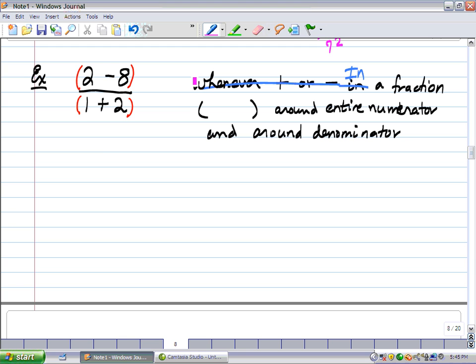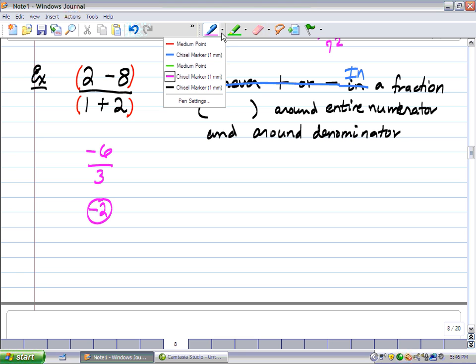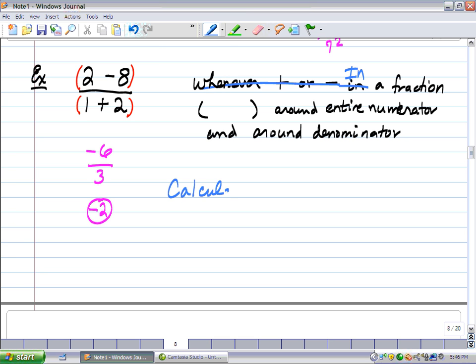So I need to do what's in the numerator first. 2 minus 8 is negative 6, and 1 plus 2 is 3, and negative 6 divided by a positive 3 is a negative 2. What if I was going to put this in my calculator? How would I put it in my calculator?